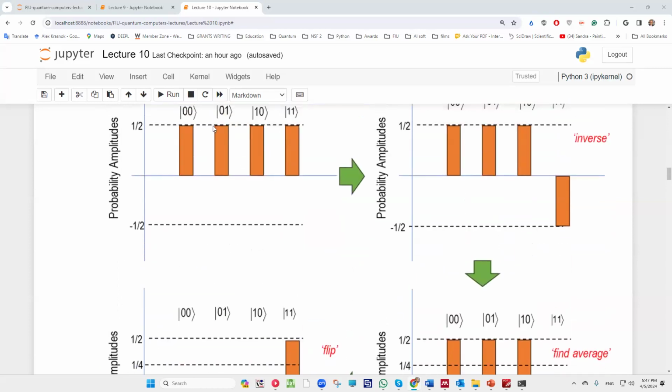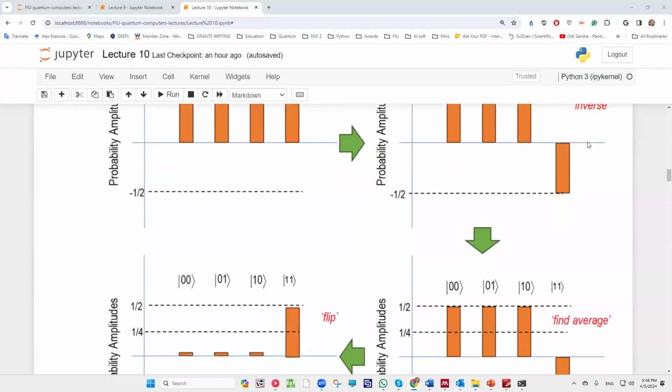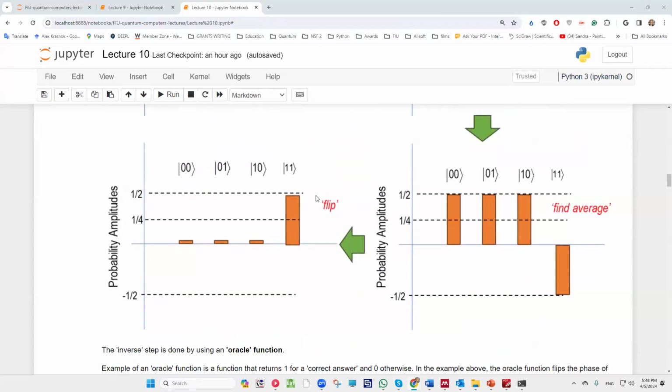And what's more important, we can find this element in a single run, because this inversion, this average, and this reflection is conducted through matrix product. So it's just an operator. I apply 2 different operators, and I get this amplified state.